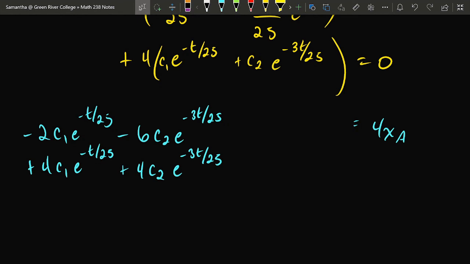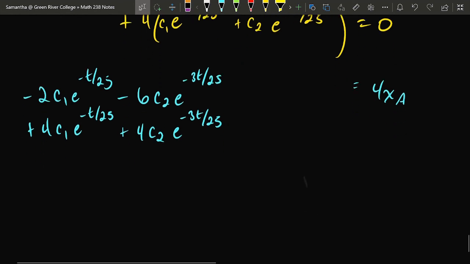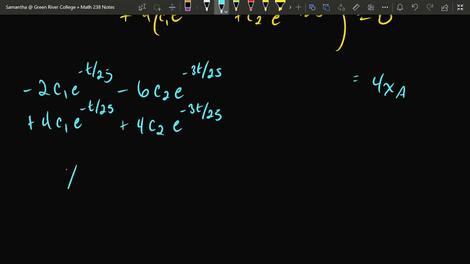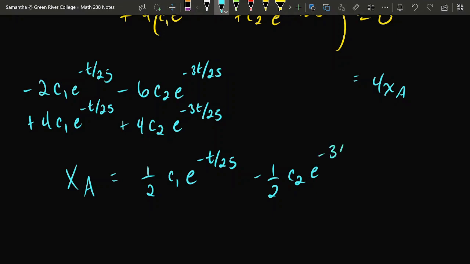So if we combine these like terms and divide by the 4 on the right side, we get that x sub a as a function of time is equal to 1/2 c1 e to the negative t over 25, and then minus 1/2 c2 e to the negative 3t over 25.